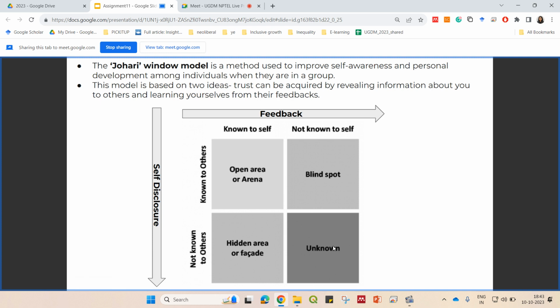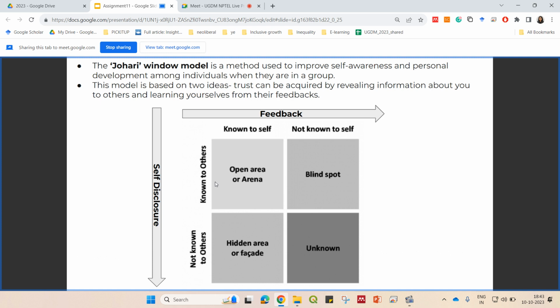So in this area, there is maximum self-disclosure and maximum feedback. This means you are disclosing the most information about yourself to someone else, or to a system, and you are getting the most feedback about yourself from the system. So it forms an open arena for discussion.